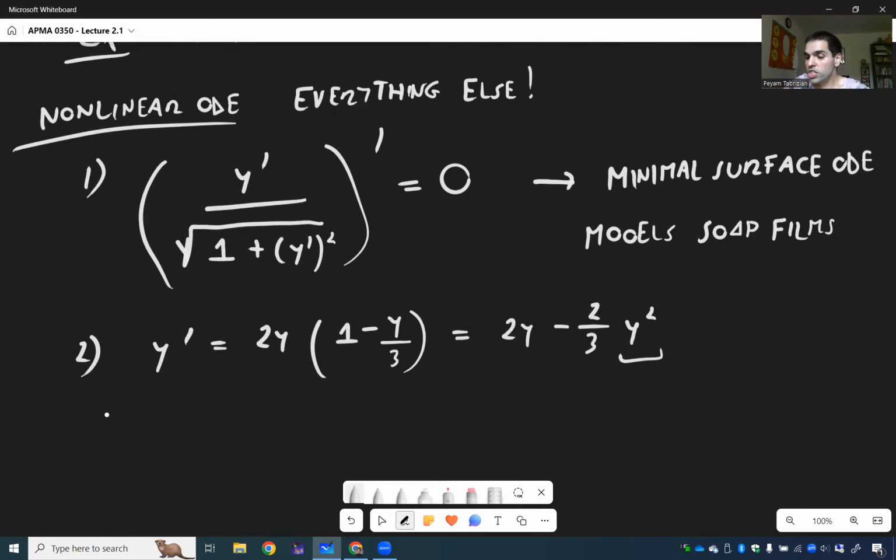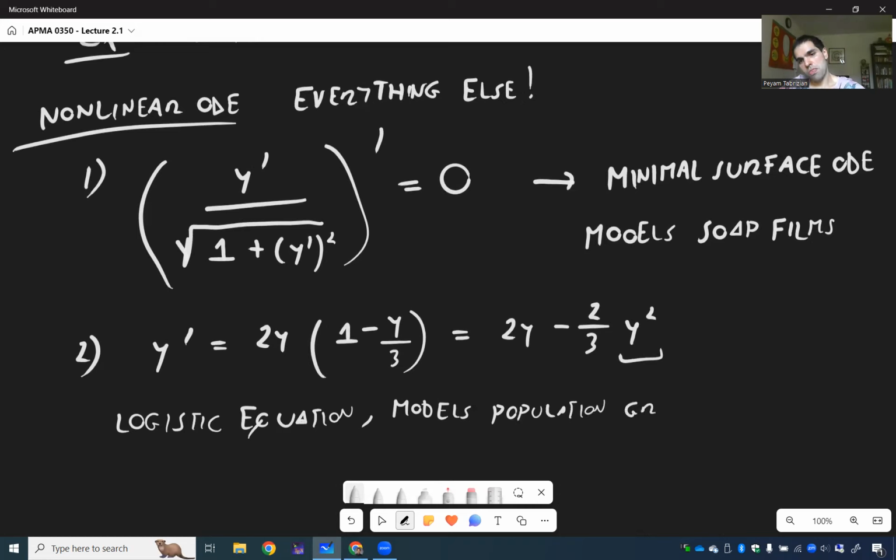It's called the logistic equation, and it models population growth. Because we did cover the bacteria model. Now it turns out this has some limitations, and we'll see that the logistic equation is a better model for this.